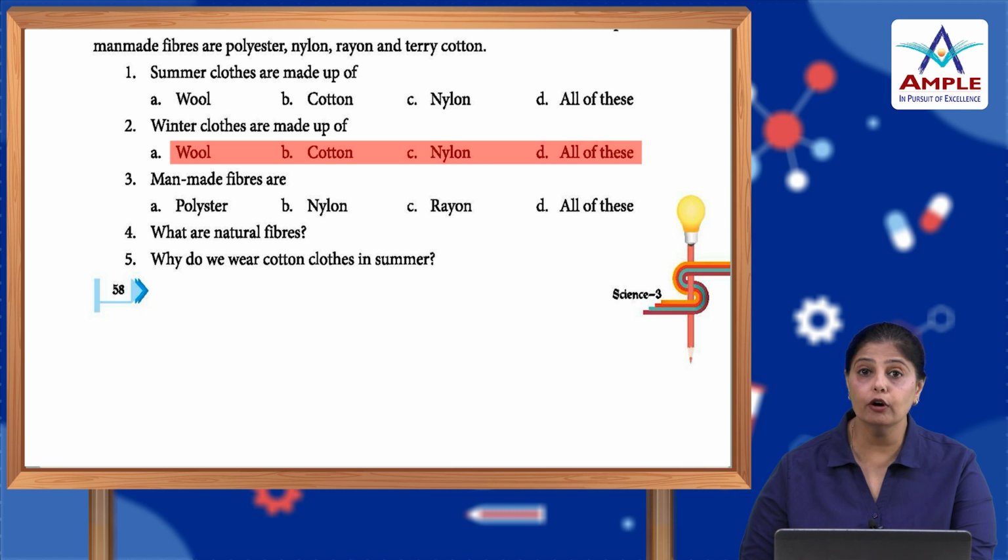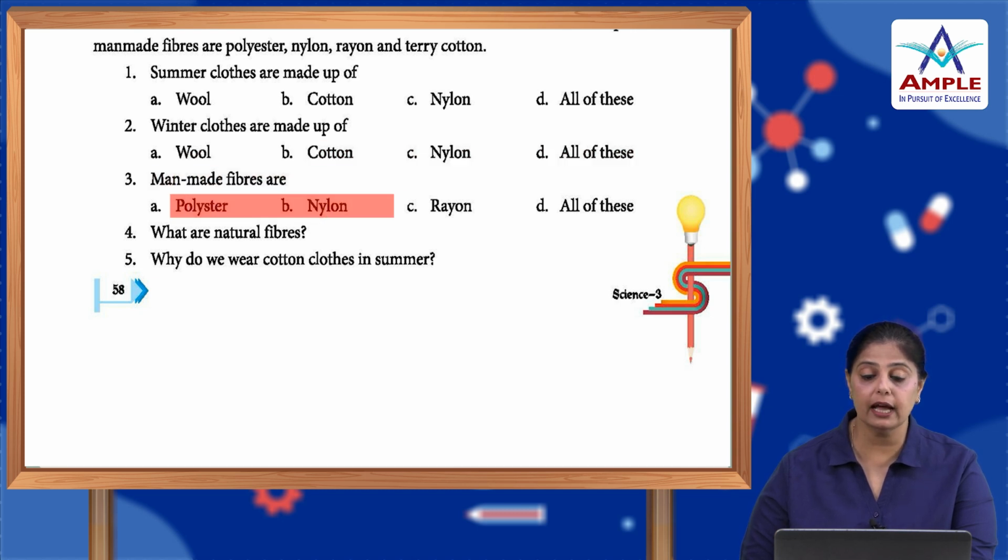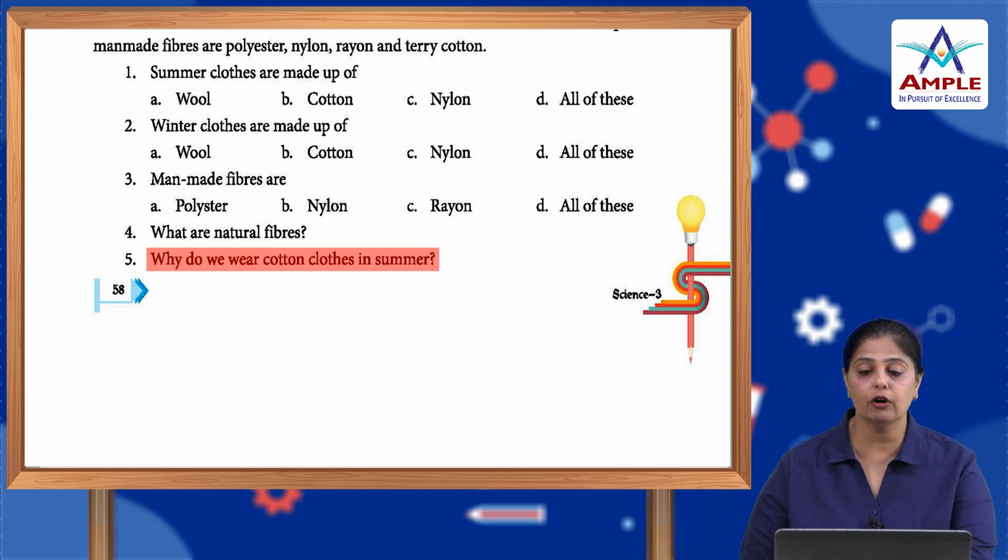They are made up of wool. Man-made fibers are polyester, nylon, rayon or all of these? It is all of these. What are natural fibers? Natural fibers are the fibers that are obtained from plants and animals. Why do we wear cotton clothes in summer? We wear cotton clothes in summer because they keep our body cool and comfortable.